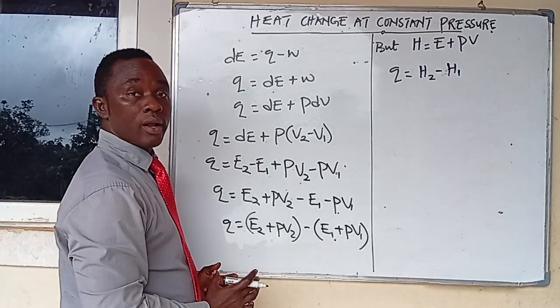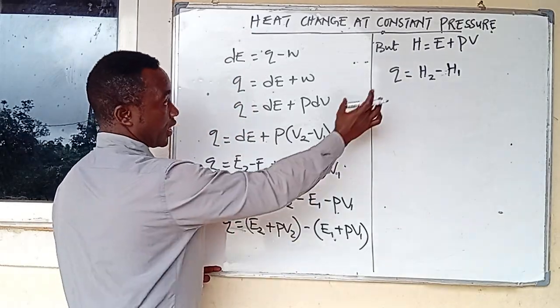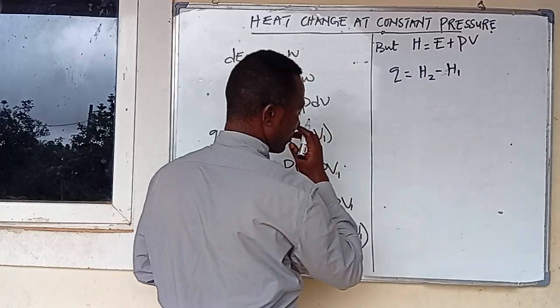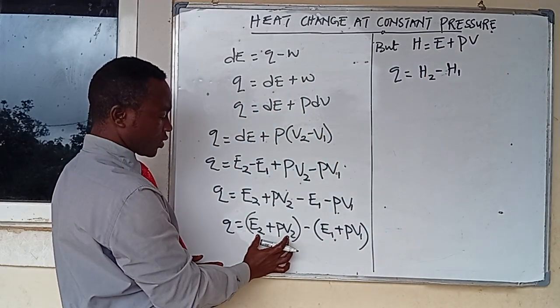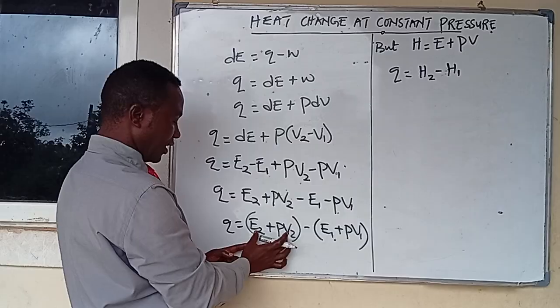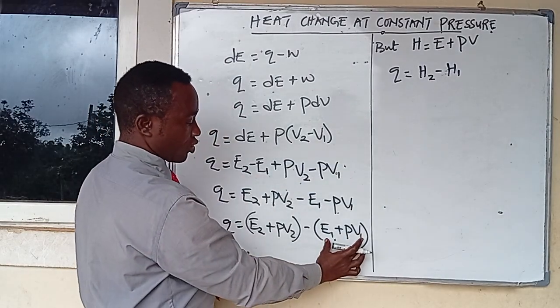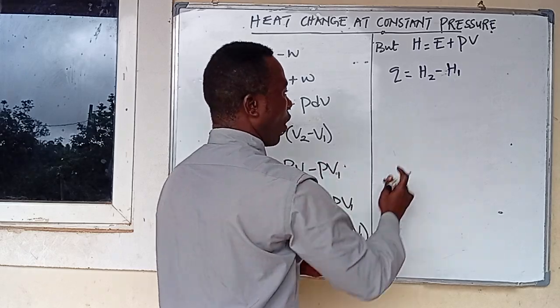Look at it very well. We say that enthalpy is E plus PV, and here we are having E plus PV. So this is enthalpy 2, while this one is enthalpy 1.